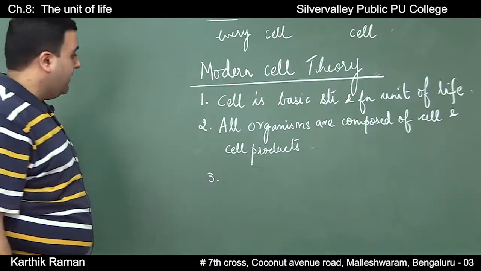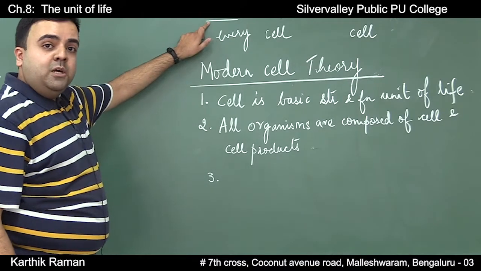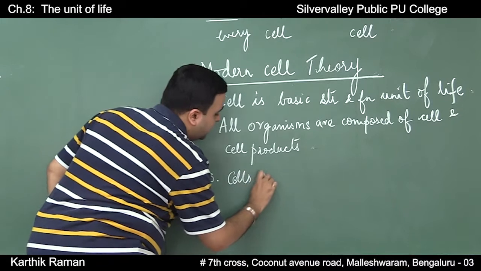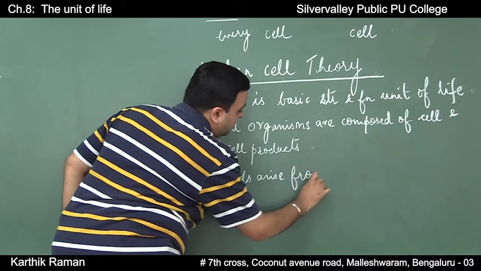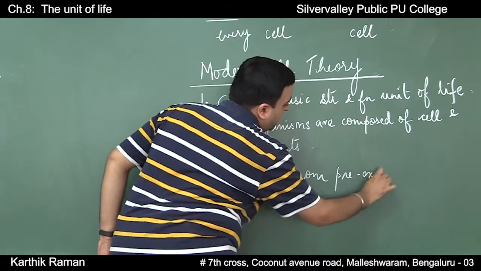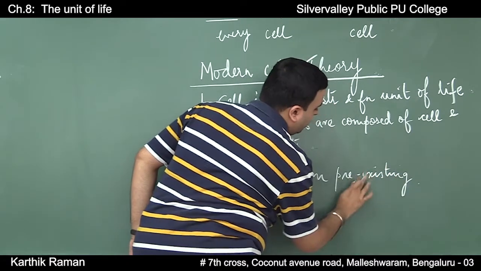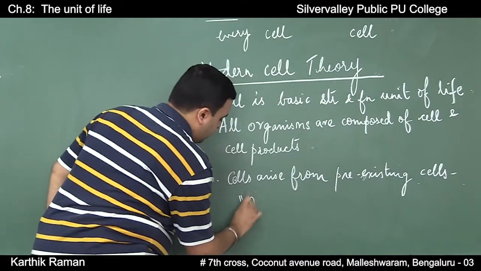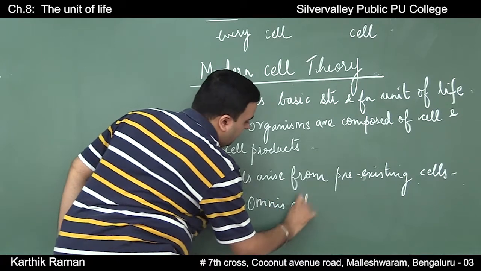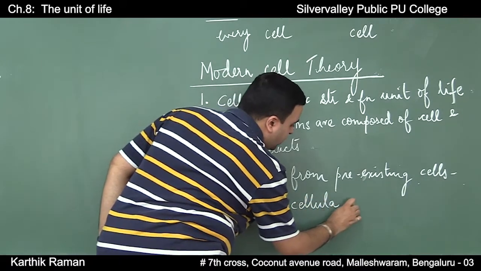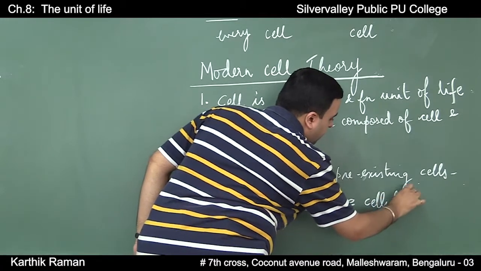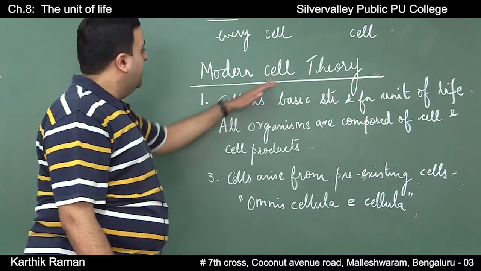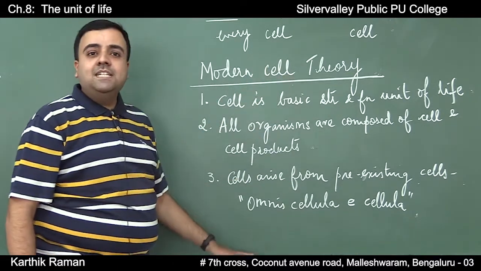Next, we take into account the contribution by Rudolf Virchow, which states that cells arise from pre-existing cells, which is known as omnis cellula e cellula. So this is about the postulates of the modern cell theory.